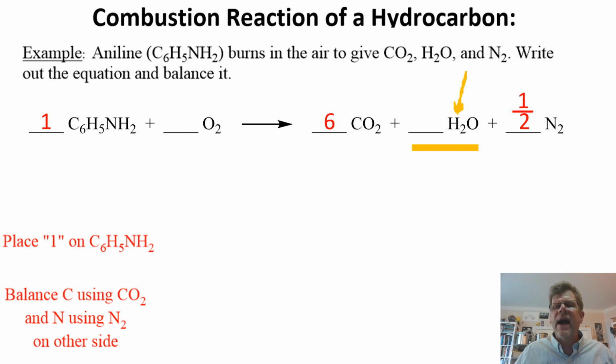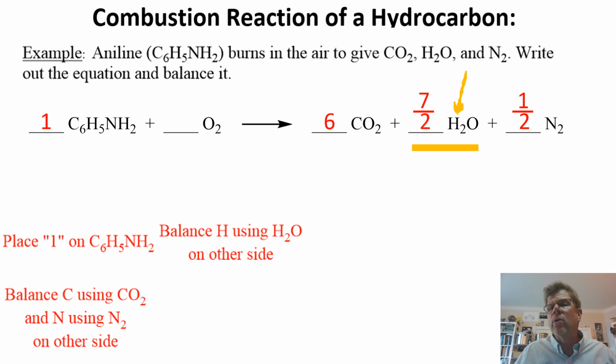Well, let's remember our half fractions. To balance hydrogen using H2O, I could put 7 divided by 2. 7 halves H2O. So there are 2 hydrogens times 7 halves is 7 hydrogens. But now we have alarm bells going off.